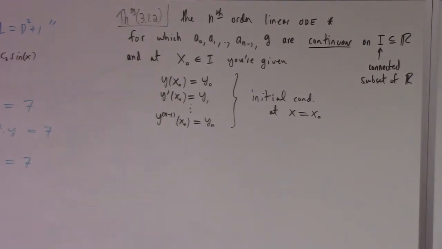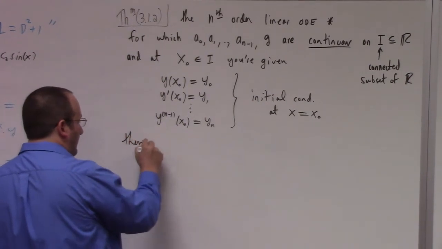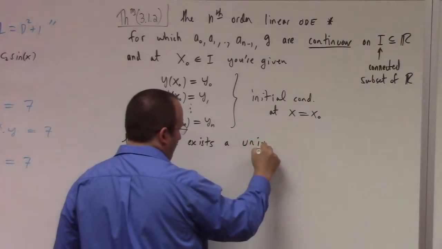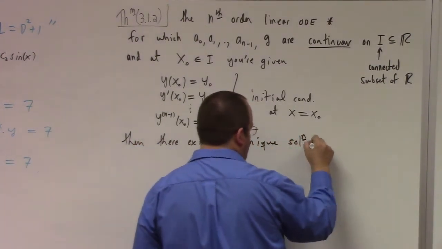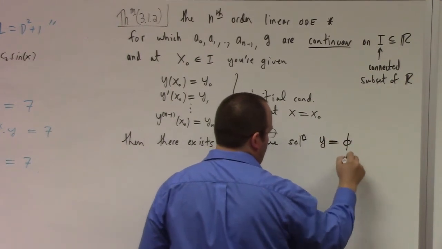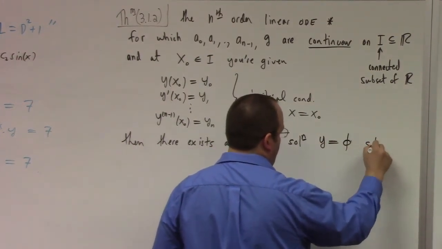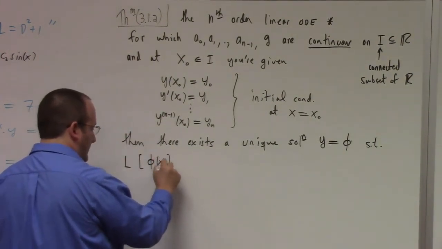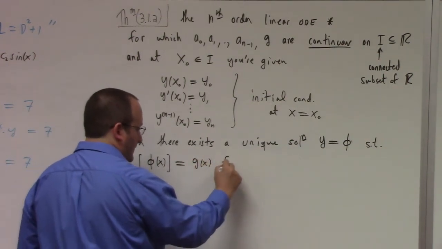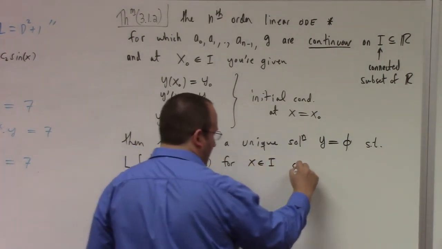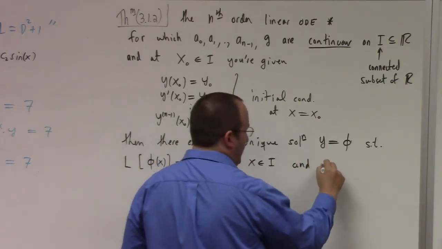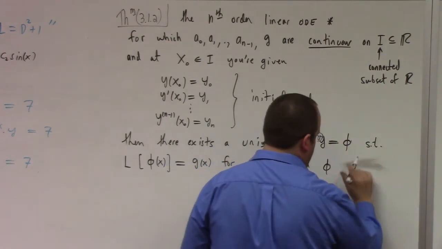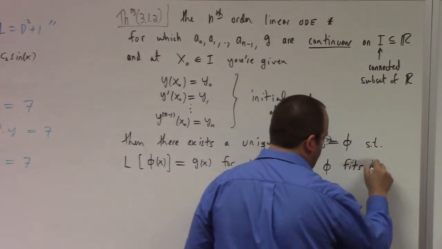If you have all of that, then there exists a unique solution, we might call it y equals phi, for which L of phi of x is equal to g of x for x in I, and phi fits the initial data.